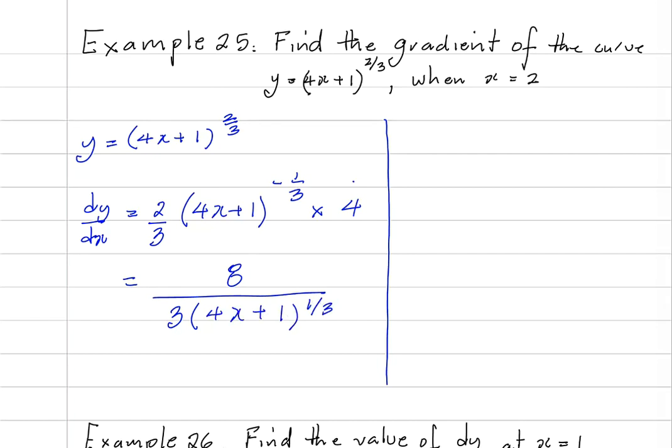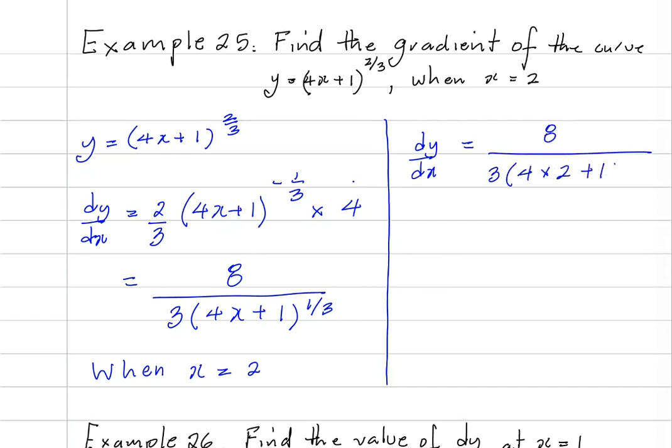Alright, so now we can say when x is equal to 2, dy by dx is equal to 8 over 3 into 4 times 2 plus 1 raised to the 1/3 power.